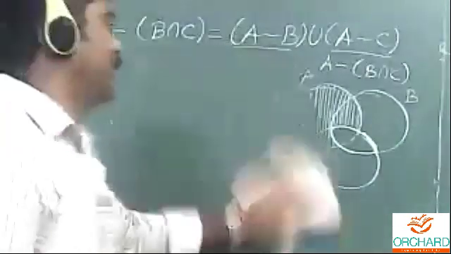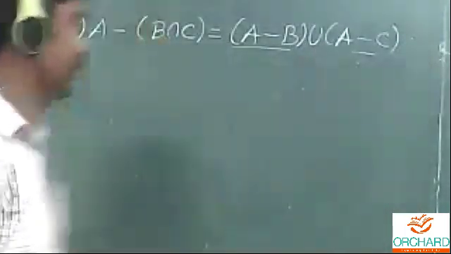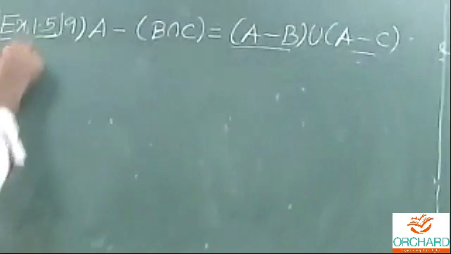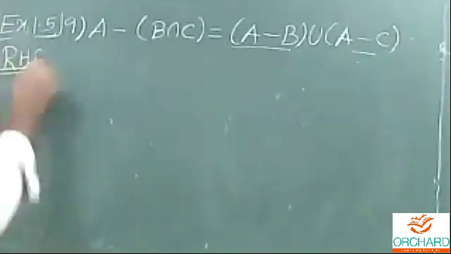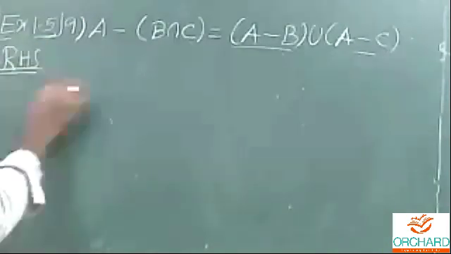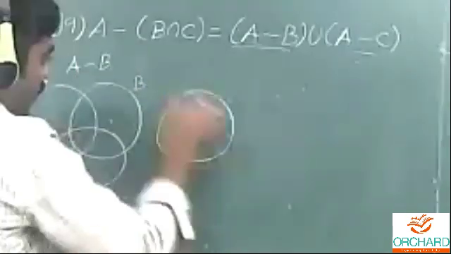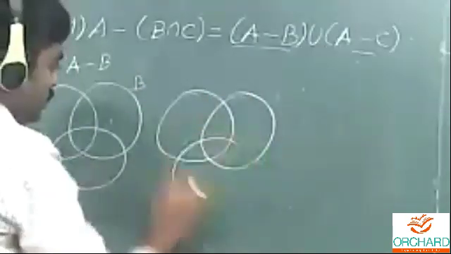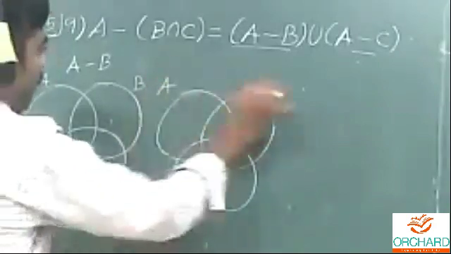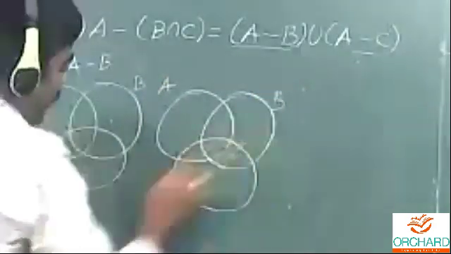Next, for the right hand side, C. Difference C. A, B, C. That is the A difference Venn diagram.